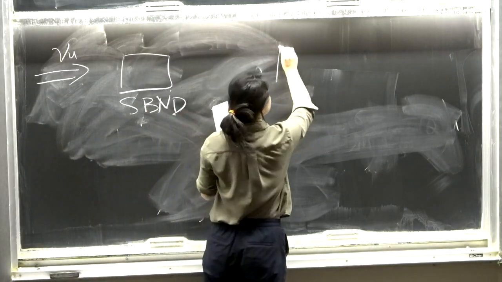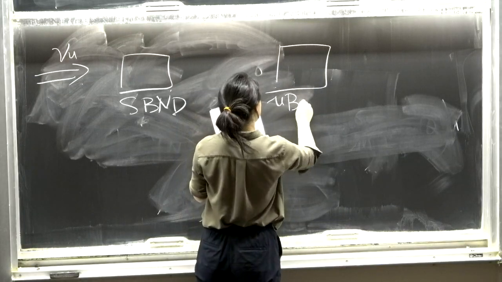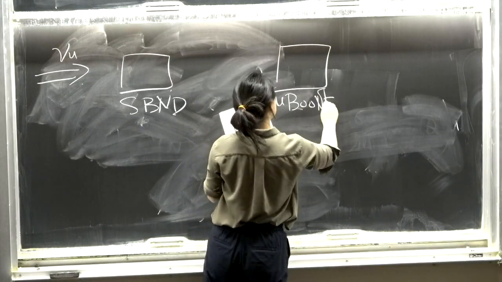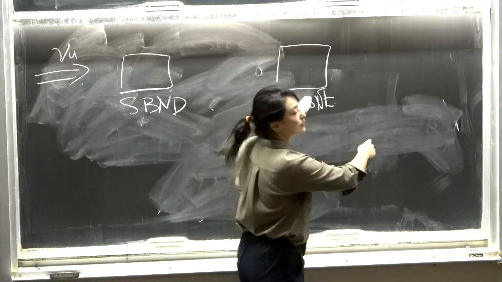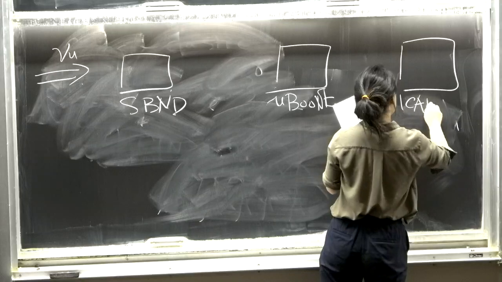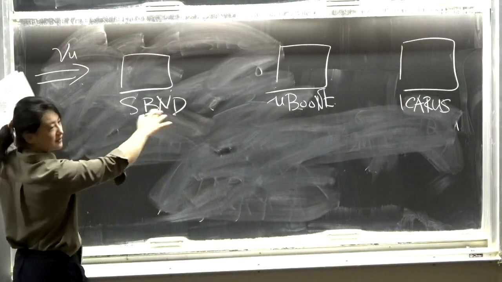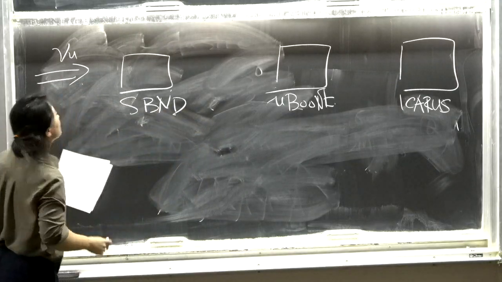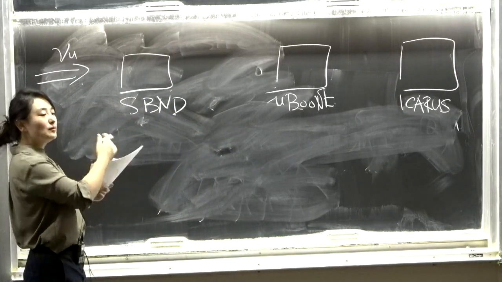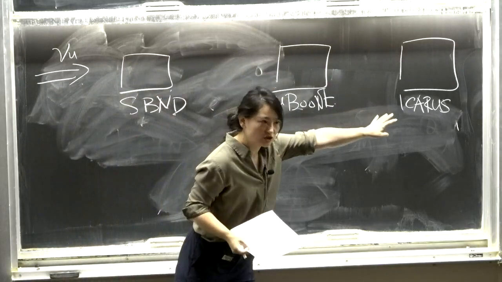And then some distance away, they will have a middle detector, MicroBooNE. And then they'll have a further away detector, ICARUS. Obviously not to scale, but the point is they cover a pretty large L range. So that hopefully you will see how the signal, if it is indeed an oscillation, you will really see how things change as a function of L.